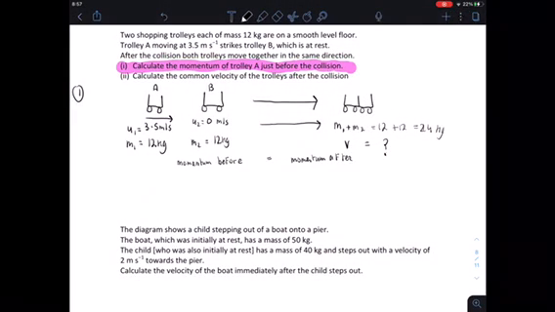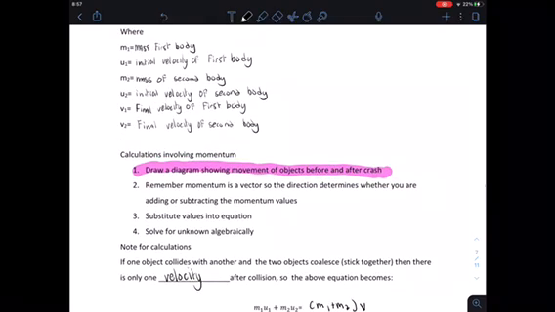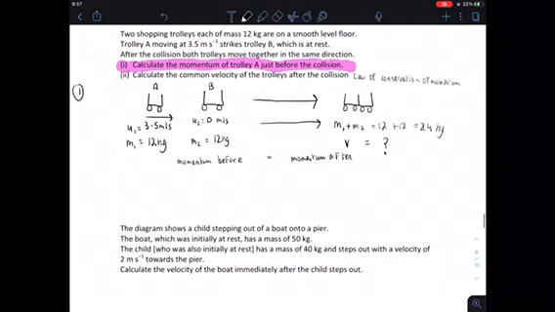Okay, part 2 asks us to find the common velocity of the trolleys after the collision. In this case, we need to use our law of conservation of momentum, which states that the momentum before the collision is equal to the momentum after the collision. We write this down, and from here we can change this into an equation. Okay, let's just flick back on our notes and look at our calculations involving momentum. So we've drawn our diagram. Now we just need to substitute in our values to our equation. Momentum before equals momentum afterward.